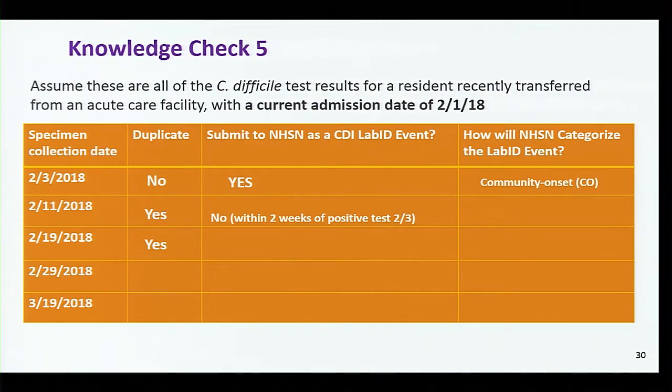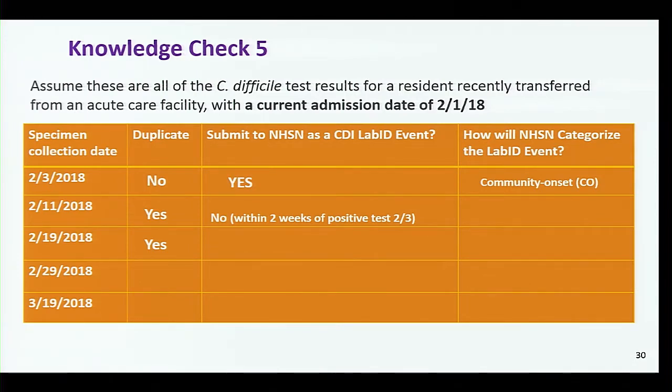So I wanted to show you this because this is why it's important to keep a line list. Even though it has not been 14 days after the 2/11, it has been 14 days after the 2/3, right? So it's really important to know if this is a duplicate. This is a duplicate because we had a positive on 2/11.